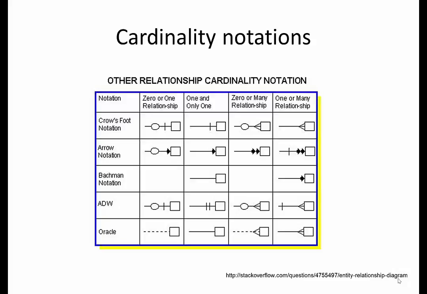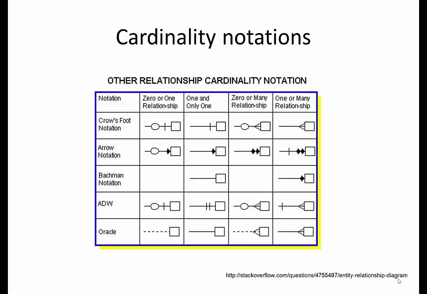So a zero or one relationship, one to many. In the crow's foot notation it is drawn like that. A zero or many relationship, this is the one you'll probably see more often, is this one with the crow's foot. That's the many end, that's the one end, and the dot indicates the zero.